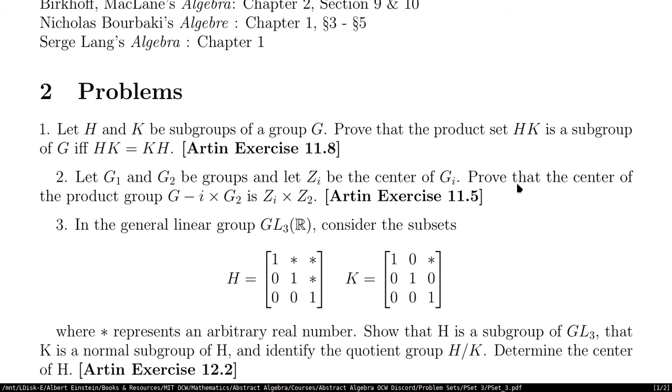Phi bar is the bijective map that always sends a fiber to its image, and this is because the map we have is surjective. So if phi is a group homomorphism, phi bar is an isomorphism.